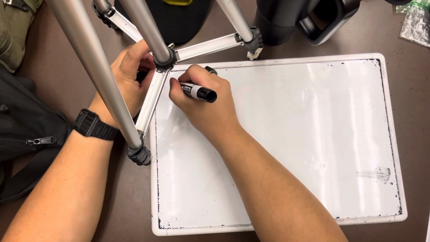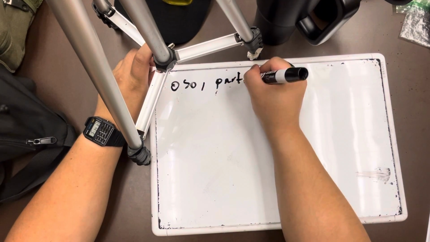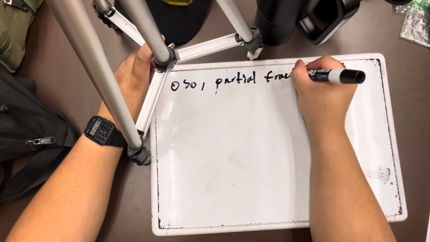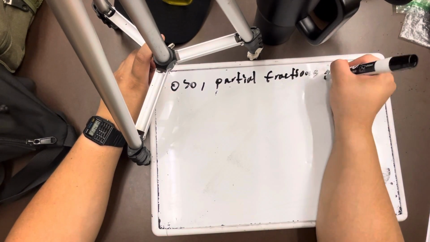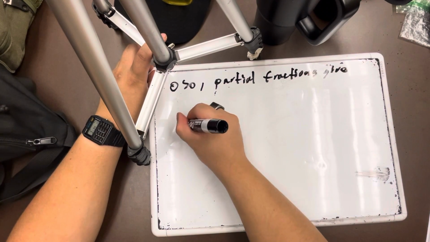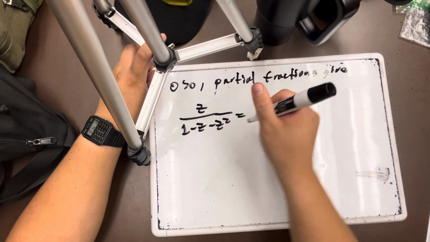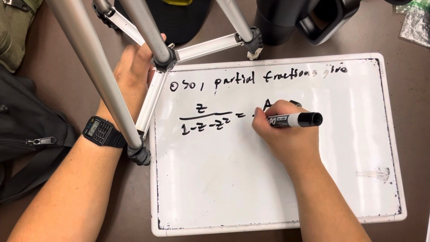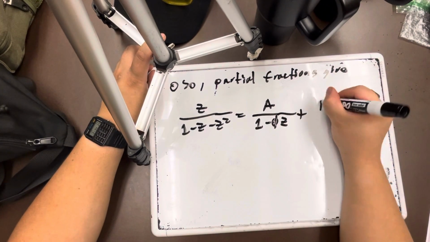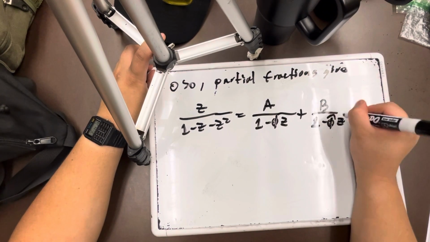So partial fractions give z over 1 minus z squared is equal to a over 1 minus phi times z plus b over 1 minus phi hat times z.